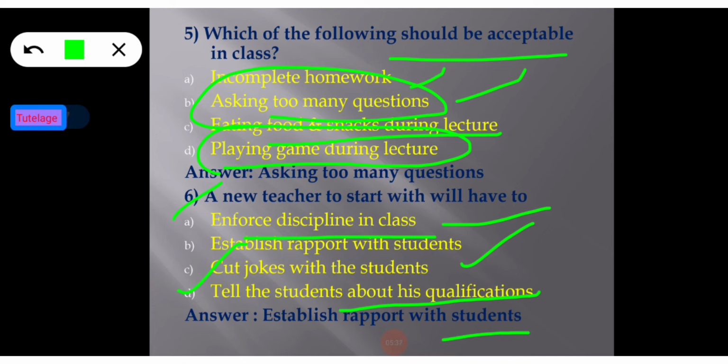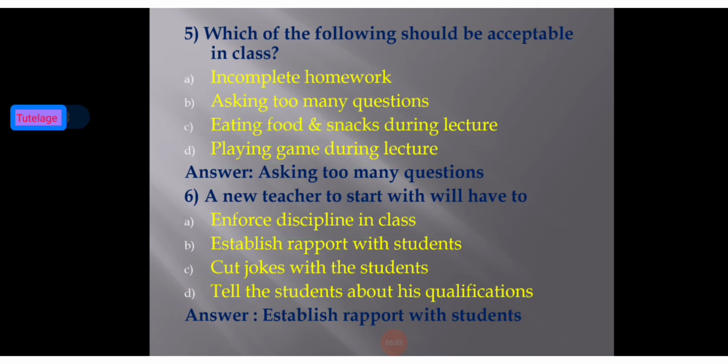So these three are not correct answers for this question. Obviously, option number B, establish rapport with students, is the correct answer. A new teacher always has to start his or her career by establishing a good rapport, a good relation with students. Okay, so now move on to the next question.